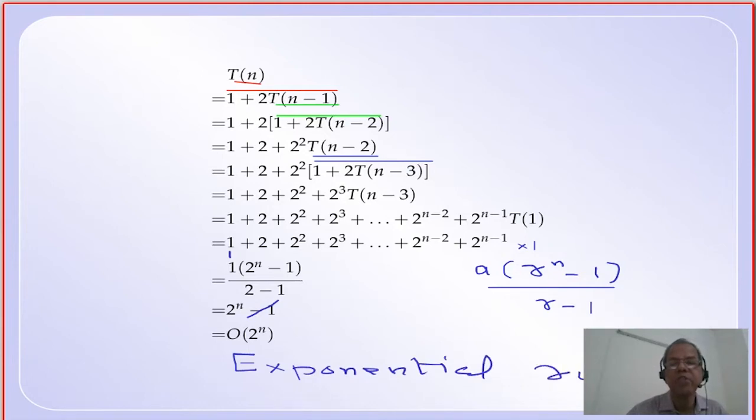Is this exponential running time useful or useless? We have an algorithm, and the running time is exponential. Is it a useful algorithm or a useless algorithm? What is your understanding from our discussion up till now?